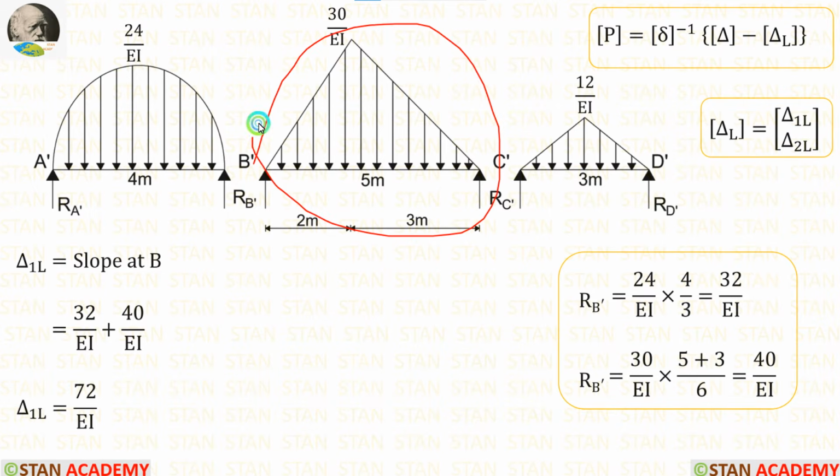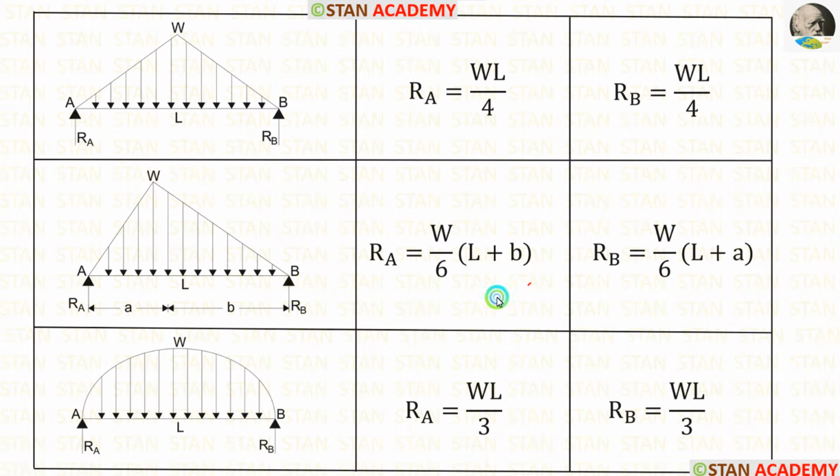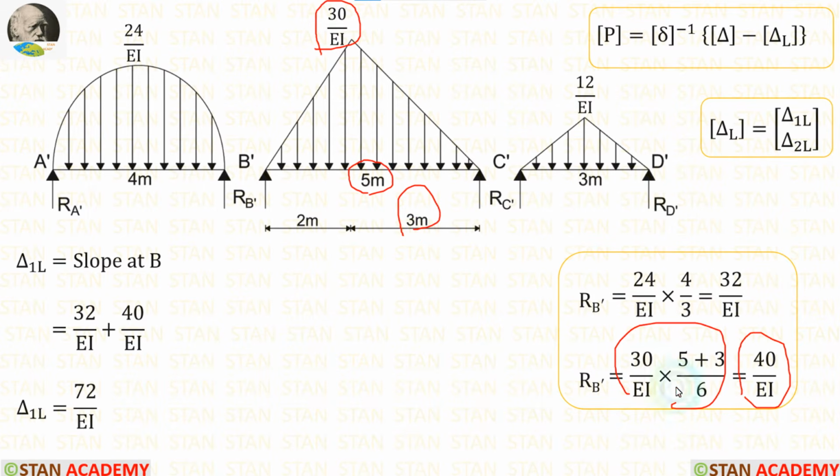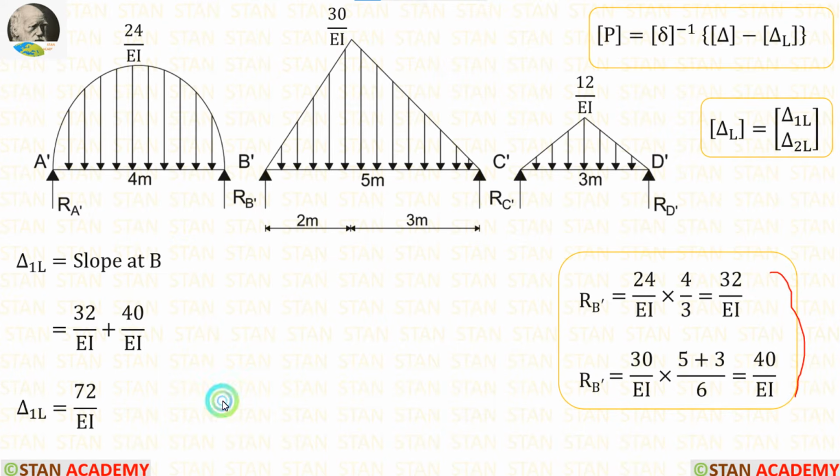Then, in this beam, we have to calculate RB dash. The formula is W upon 6 into L plus B. Here W is 30 upon EI, L is 5, B is 3. When we apply inside the formula, we are getting 40 upon EI. After adding these two values, we are getting delta 1L, which is equal to 72 upon EI.